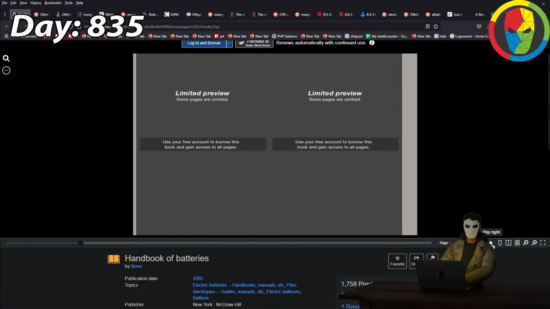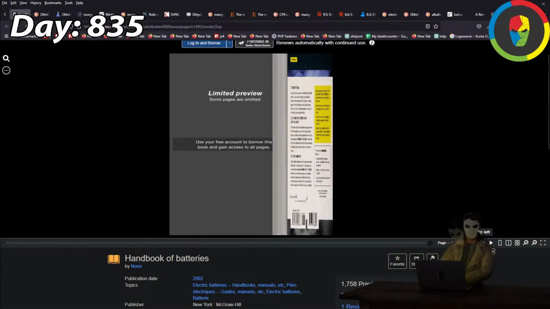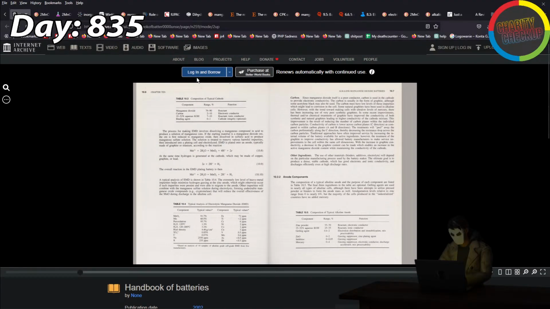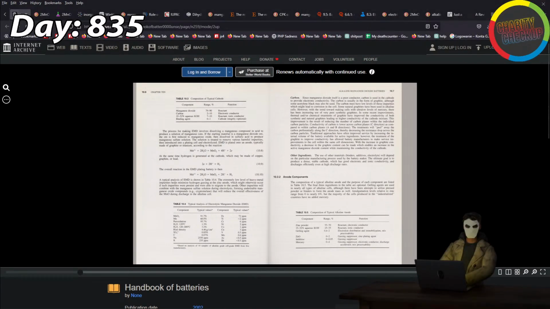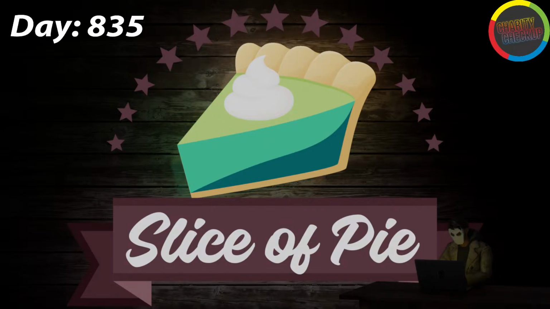Now next page. Some pages are omitted. Is it the last one? Yeah, of course they are the last one. The borrowing, I don't get the borrowing aspect of this. You just log in, that's it. Yeah, I have an account. I can just log in and click borrow and that's it. It just works.